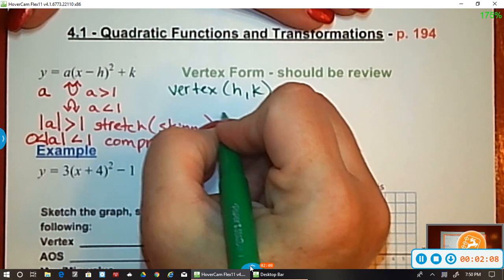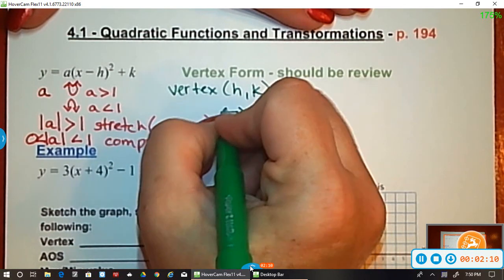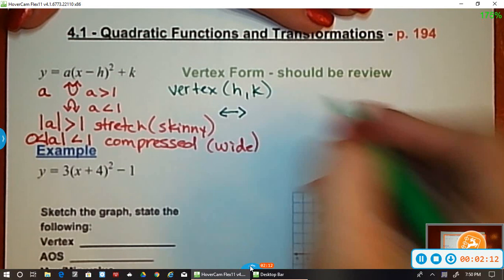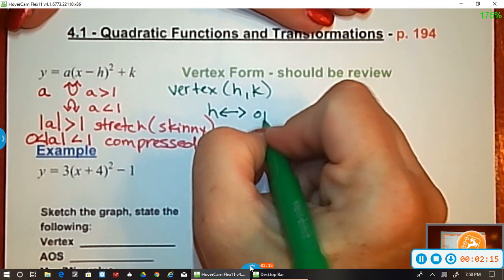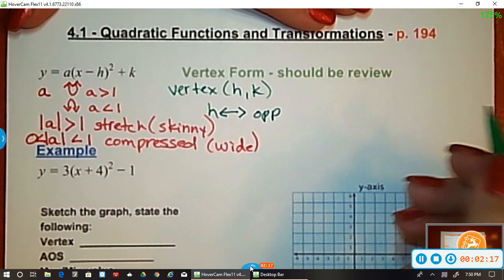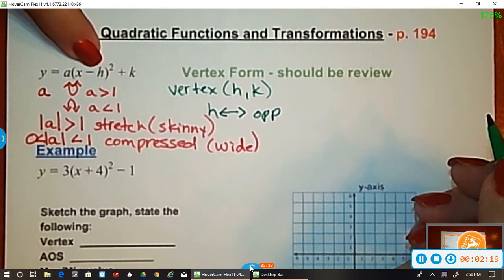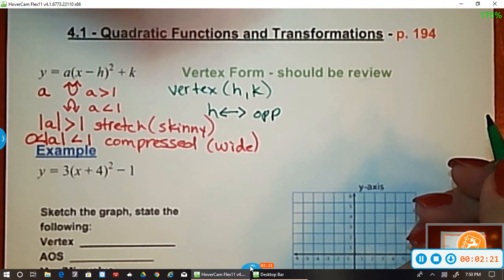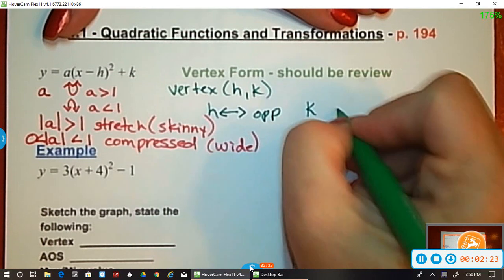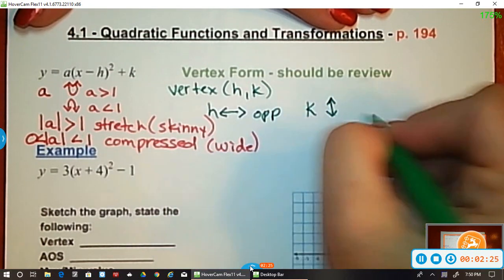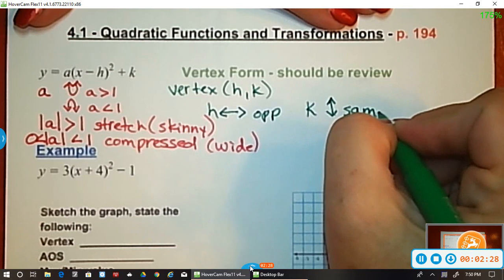Remember, your h goes left and right, and you're doing the opposite of that sign, from the original vertex form. And the k is your up and down shift, and you're going to do the same as that sign.